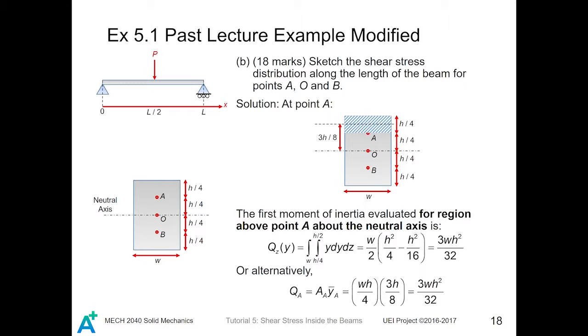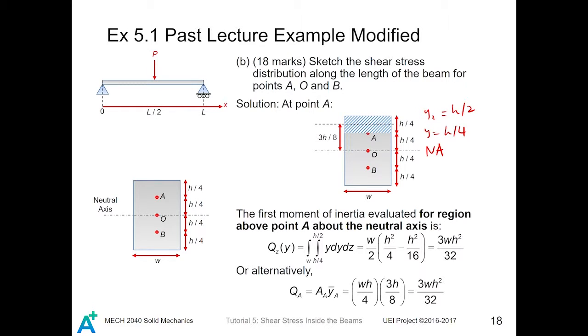So now at point A, y1 equals h divided by 4 and y2 equals h divided by 2. Then the first moment of area evaluated for this region with respect to the neutral axis is given by Q equals the double integral of y dA, where dA equals w dy, integrated from h/4 to h/2.